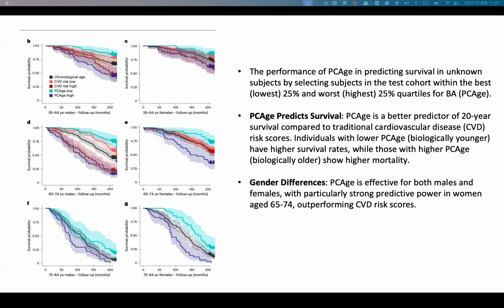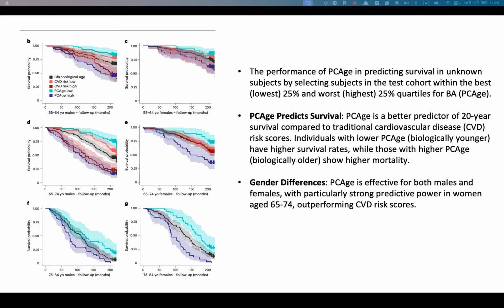And next he also does an analysis about the performance of the PCH in predicting survival in unknown subjects, by selecting subjects in the test cohort within the best 25% and worst 25% quartiles for BA.